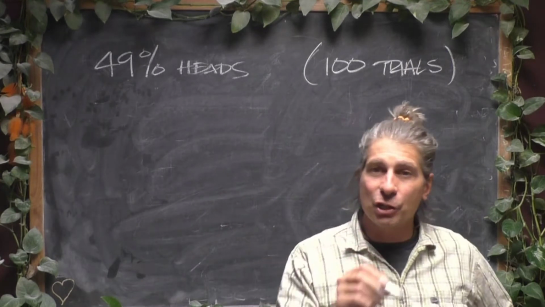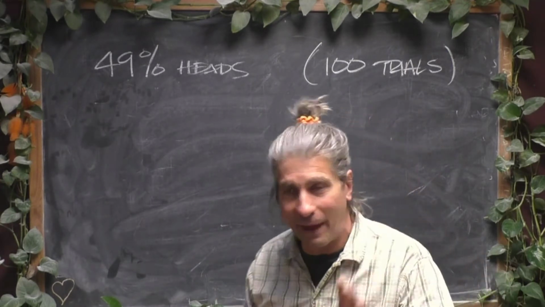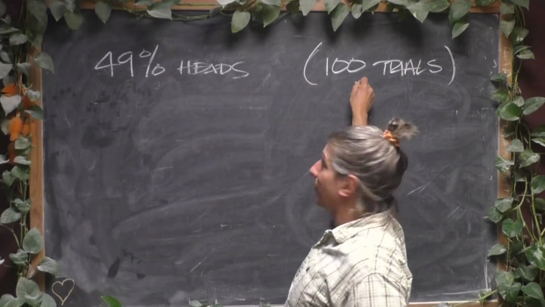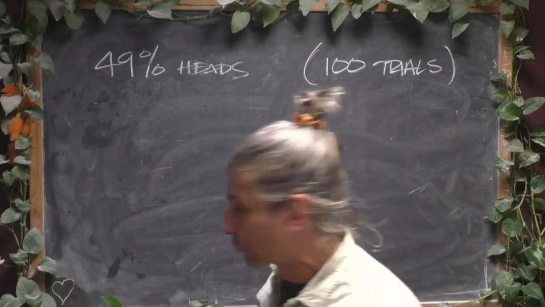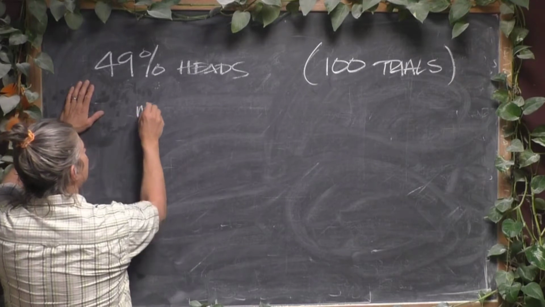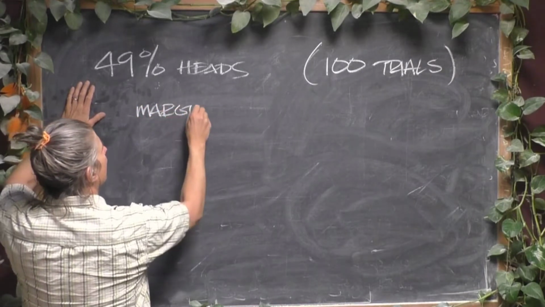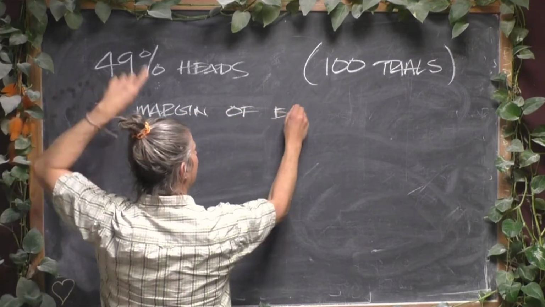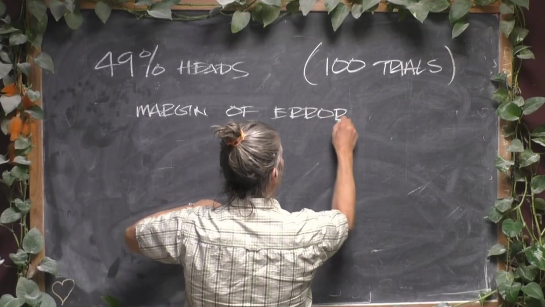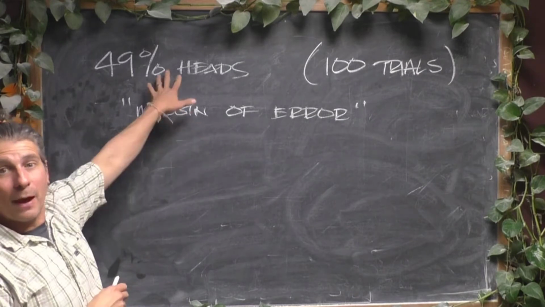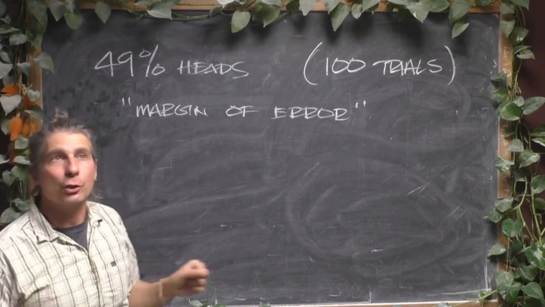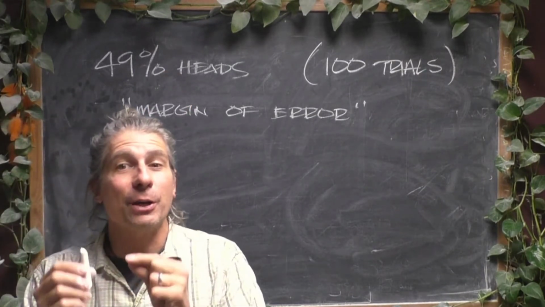So how do statisticians control for that? Well, they admit the fact that their sample of 100 is limited and has what's called sampling error in it. And they control that with what's called a margin of error. If you've had me in class before, you've heard this phrase before. A margin of error is a measurement that we put on a statistic to make its precision more reasonable.